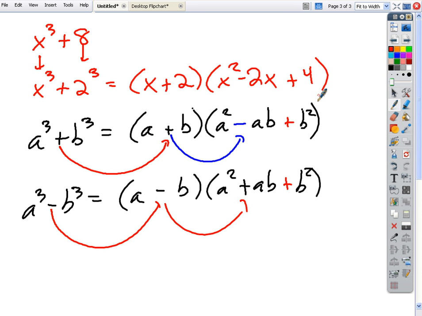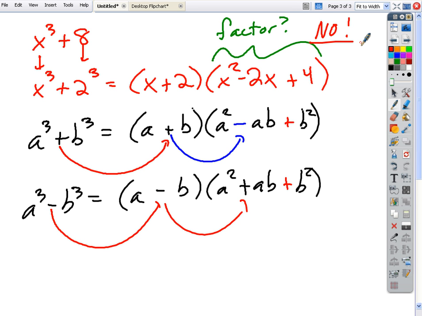Now, you might ask the question, if you thought about this a little bit, this quadratic factor that we get, can I go further with it? Does it factor? And the answer is an emphatic no. It's always an unfactorable quadratic when we use this pattern. You'll never even have to try.